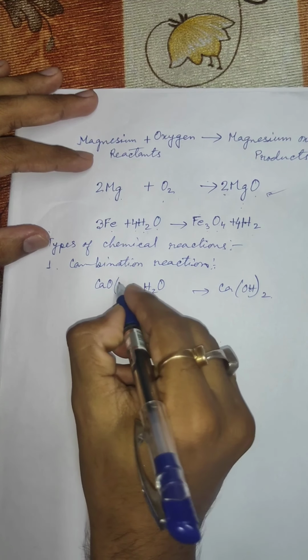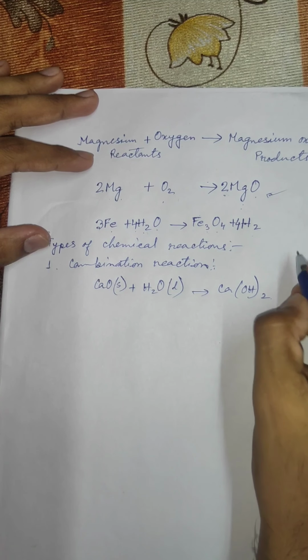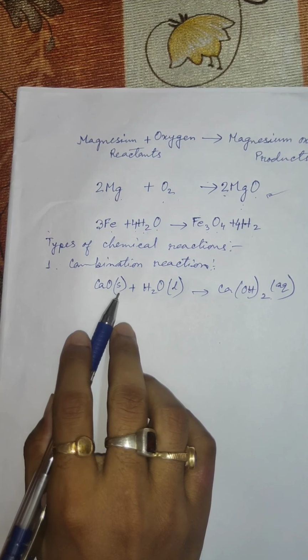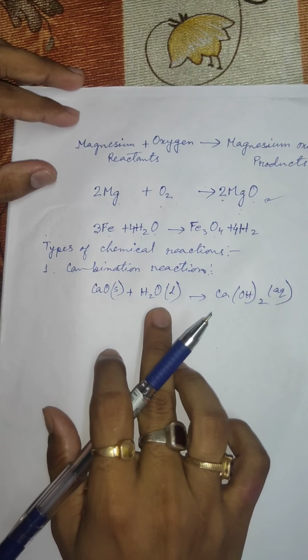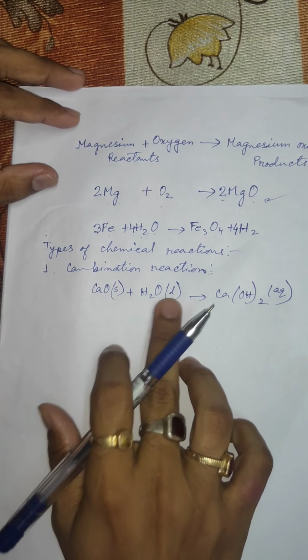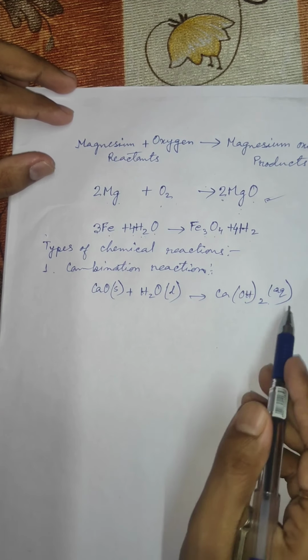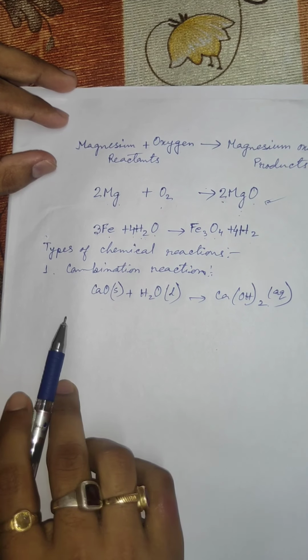So we can mention the physical states of the molecules. Calcium oxide, S means solid, H2O means water in the liquid form, L means liquid form, and calcium hydroxide, that is slaked lime, in the aqueous form. Okay.